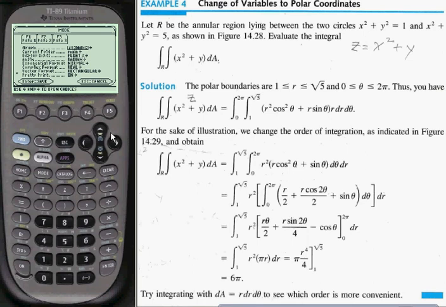You can go to the right with this cursor and you'll see that it goes to number 5, 3D. You choose number 5 and then do the graphing of it.